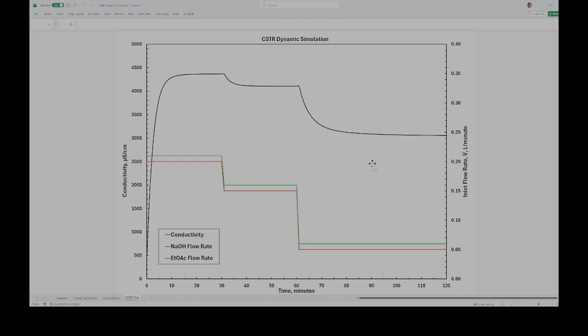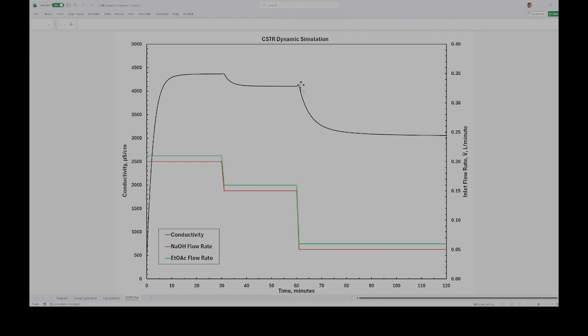Now let's take a look at these steady states. Notice that it took a good 25 to 30 minutes to achieve a steady state for the initial flow rates. Again, similar, 30 minutes for the lower flow rates. And then finally, it takes a longer time to reach a steady state for the small flow rates.